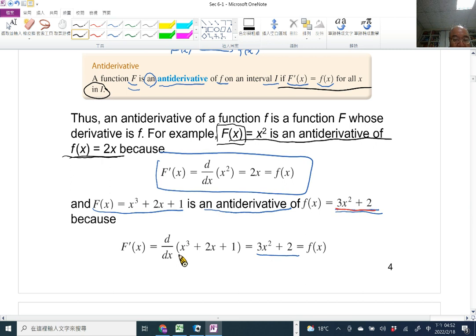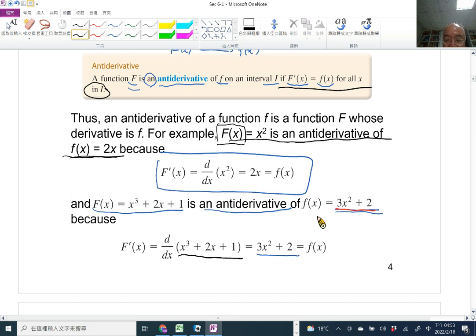Since x to the power 3 plus 2x plus 1 has a derivative equal to 3x squared plus 2, we will say capital F of x equal to x to the power 3 plus 2x plus 1 is an antiderivative of 3 times x squared plus 2.